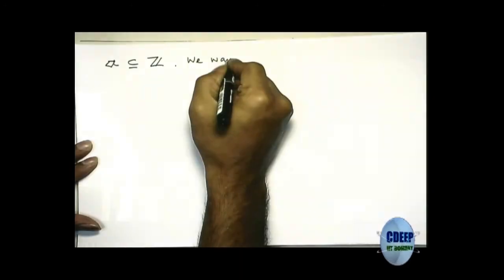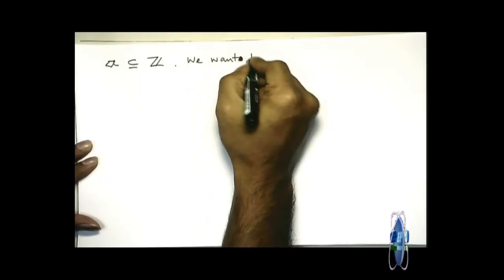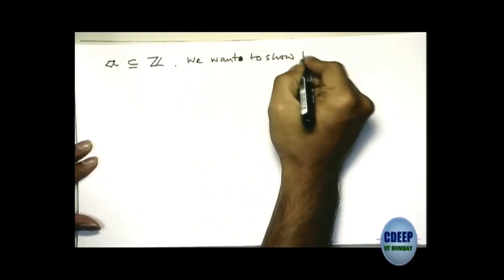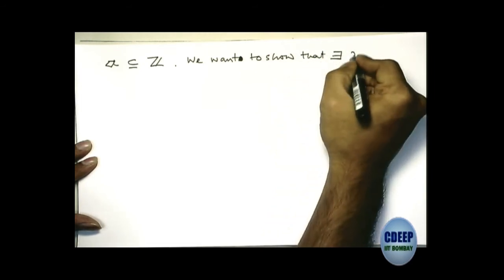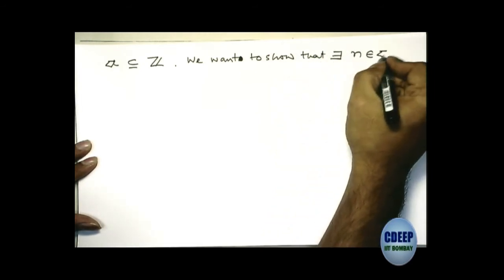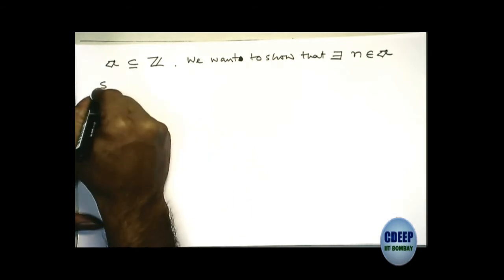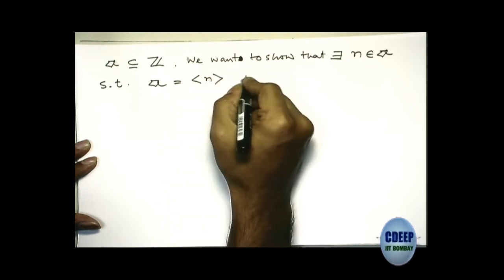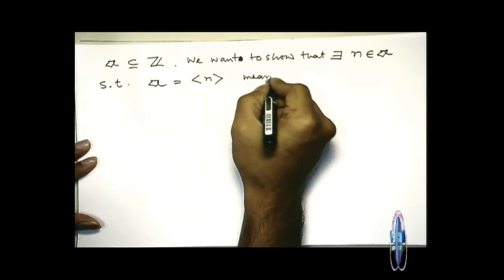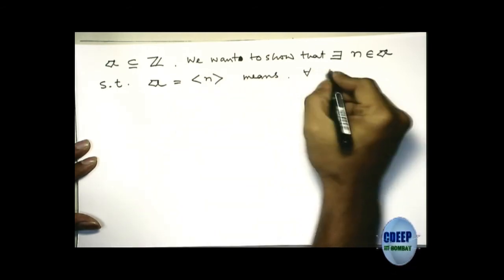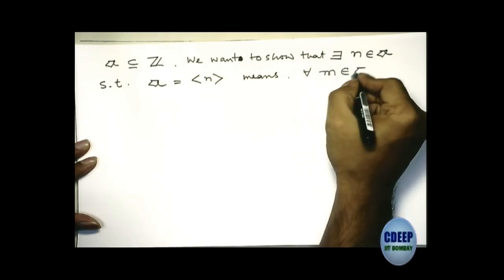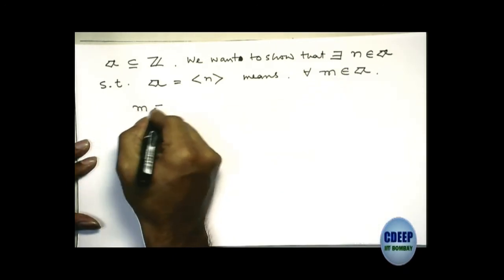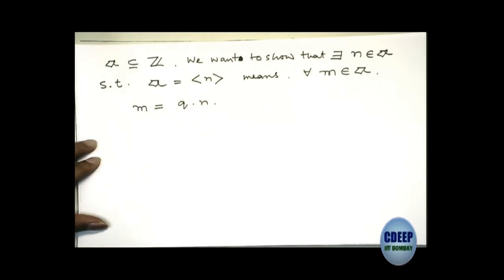A is an ideal. We want to show that there exists an n in this ideal such that A is equal to the ideal generated by n, which means for all m in A, m must be of the form q times n.